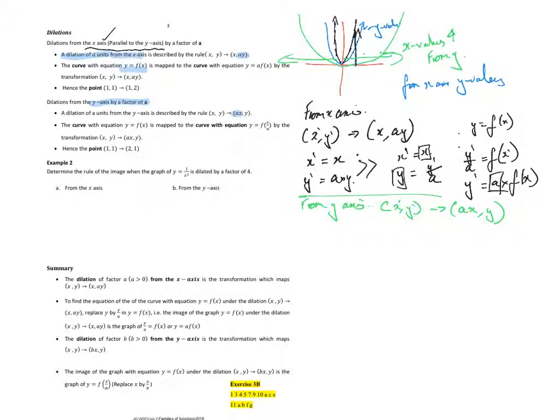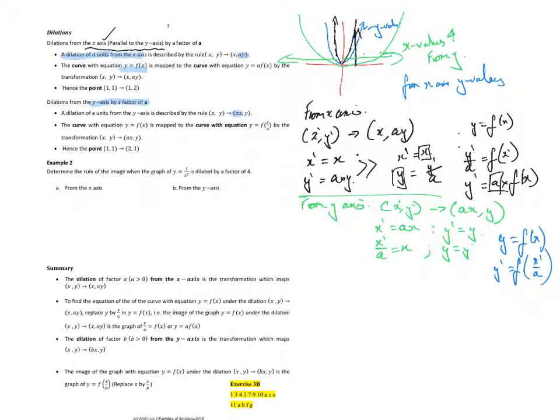If I go through the same process, x dashed is equal to ax, y dashed is just equal to y. Rearrange it: x dashed on a is equal to x, y is equal to y dashed. If my function is y equals f of x, my new function is y dashed equal to f of the old x value, which is x dashed on a.